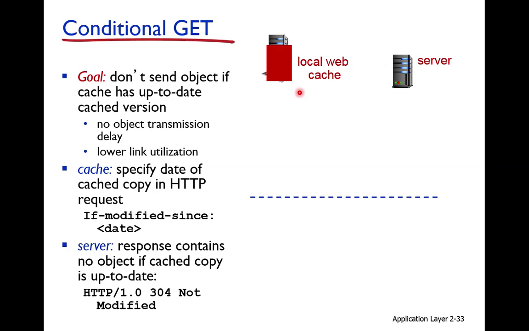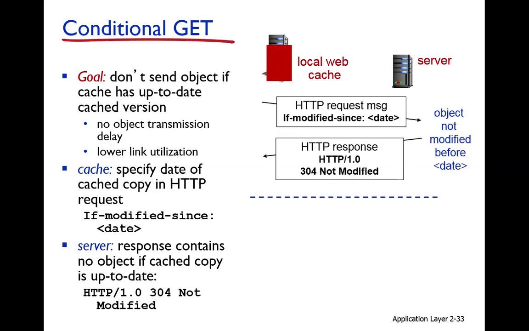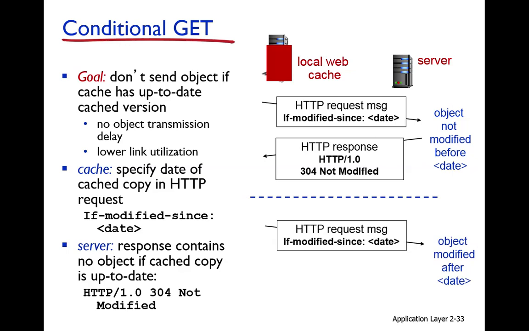So what is its advantage? The advantage is that, for example, the Tare Zameen Pe movie is 30 GB. It takes 3 hours and uses 30 GB of bandwidth. So if the Tare Zameen Pe movie is not modified, then the server will send only the not modified response, and the 30 GB object is not sent.